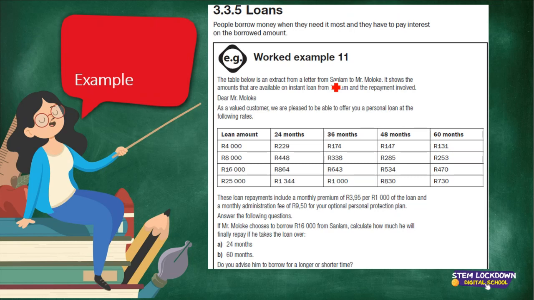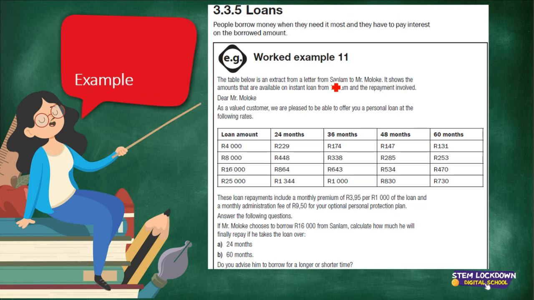Okay, I'm giving you a clue here. We're looking at this loan amount. Now, I want to know in total, over 24 months, how much will you pay altogether? I need you learners to write your answers in the chat. I'm still learning this platform, but I need you to write your answers.